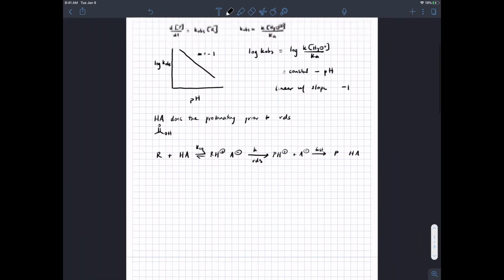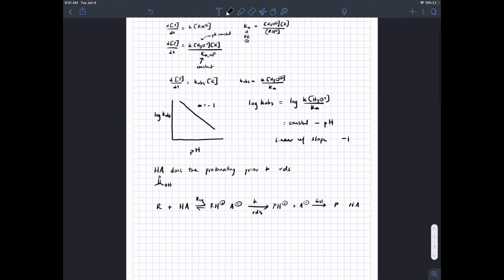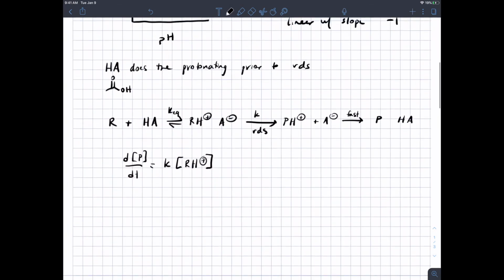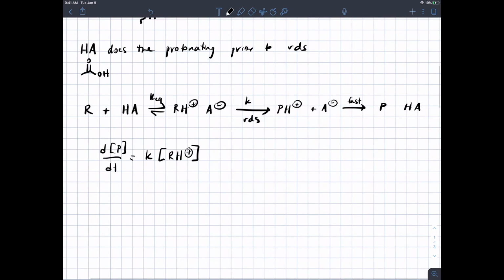So as we did above, the appearance of our product is going to depend on the rate constant of the rate determining step times the concentration of our protonated starting material. But now the starting material is in equilibrium with our acid.